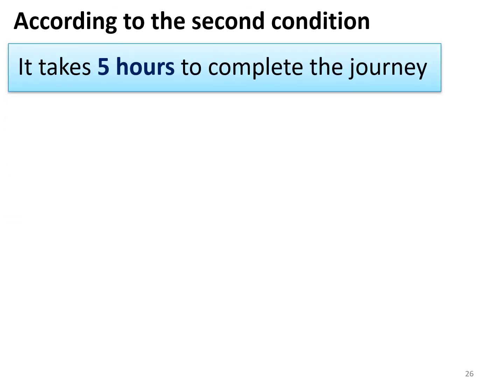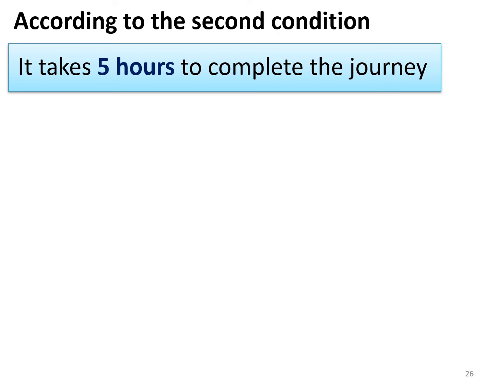Now we move to the second condition. Let's see what is the second condition. It takes 5 hours to complete the journey. So the distance covered is 1900 and the journey takes 5 hours. So when he is using both the modes of transport, he is completing in 5 hours.